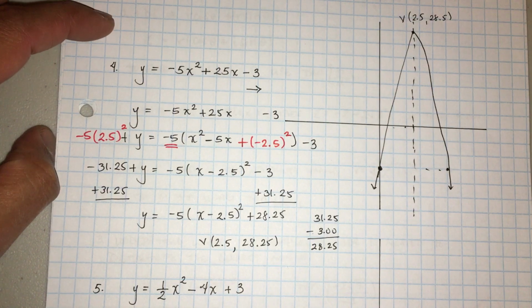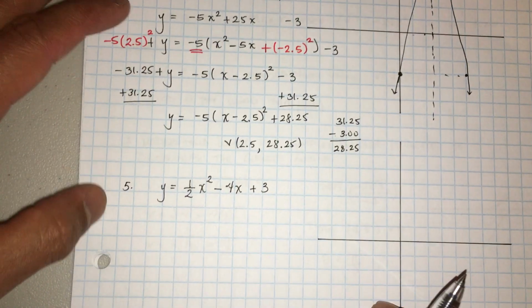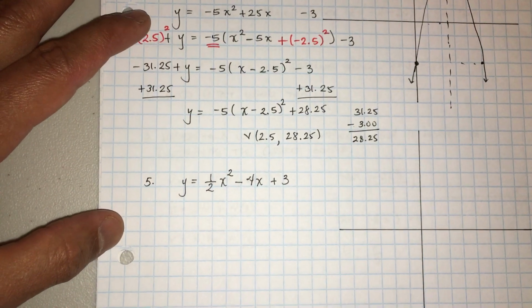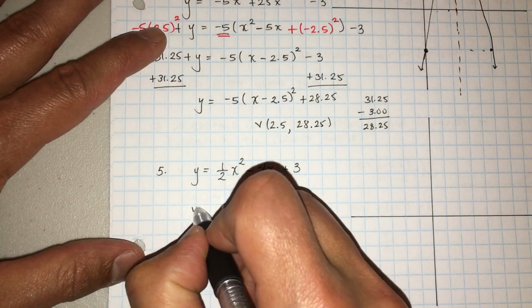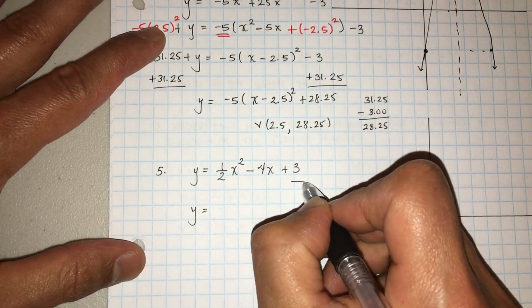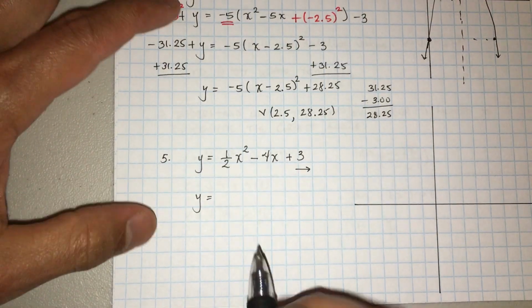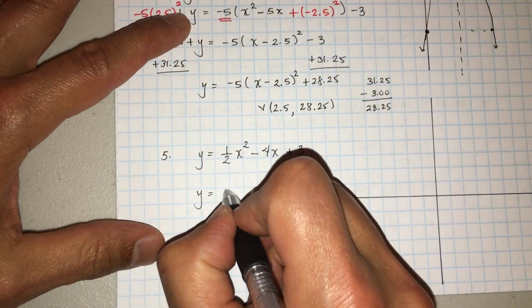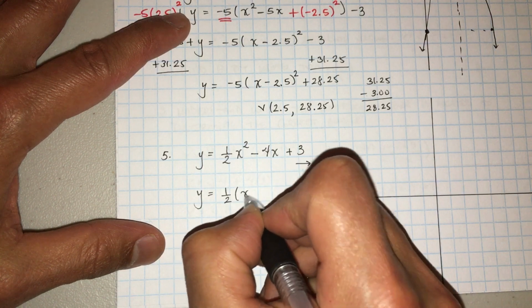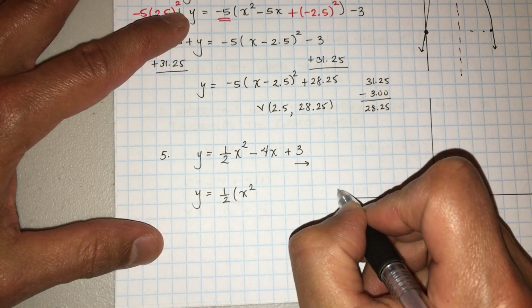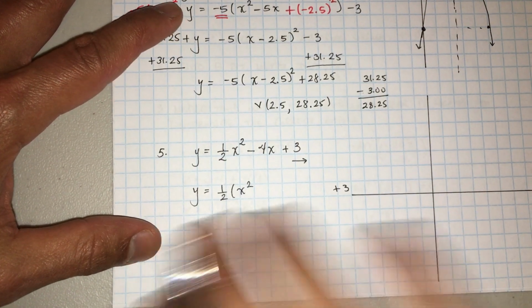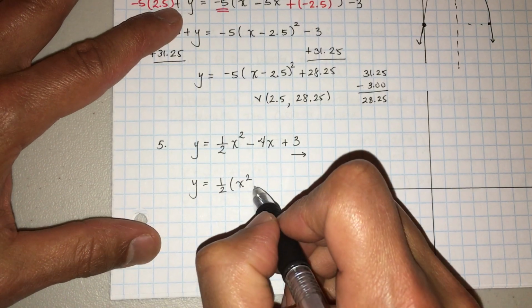Okay. All right, let's do one more. Vamos a hacer una más con la fracción. So we're going to do the same thing. Lo voy a mover a la par y le voy a factorizar el medio. So we're going to factor out the 1/2. We're going to be left with x squared. Remember, the positive 3 is out here. So what am I going to put here?